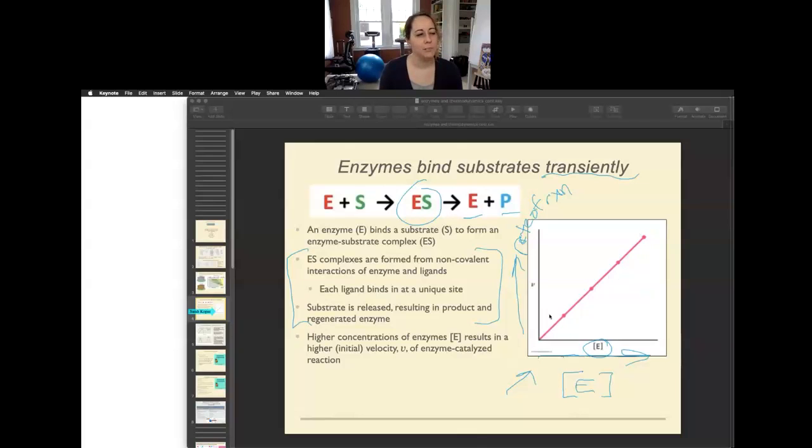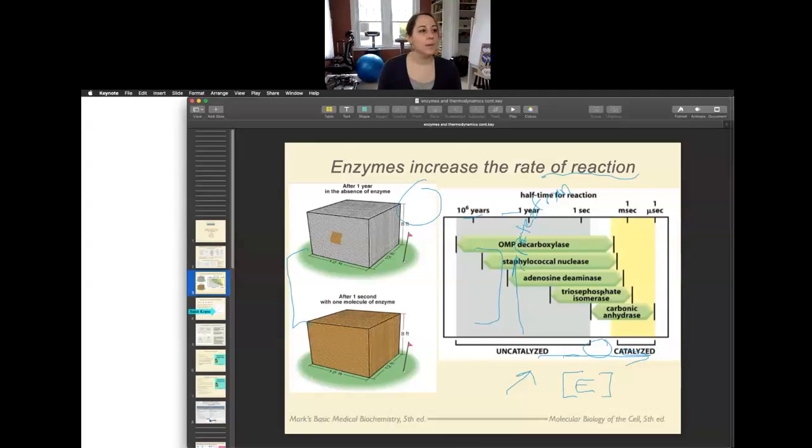We're not measuring product exactly, we're measuring the amount of product produced per second or per millisecond or whatever. So the more enzyme you add in, the faster that reaction is going to occur, the more reactions you're going to have per second. And that makes sense if we take another look at this other graph here.